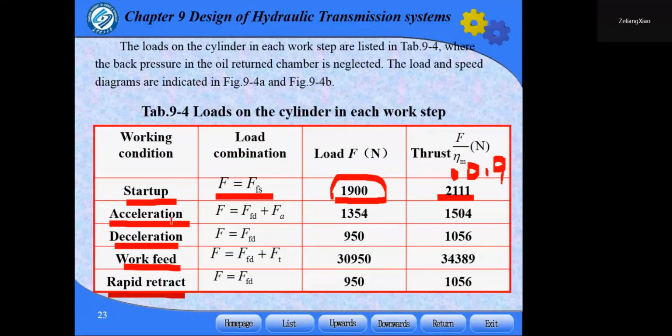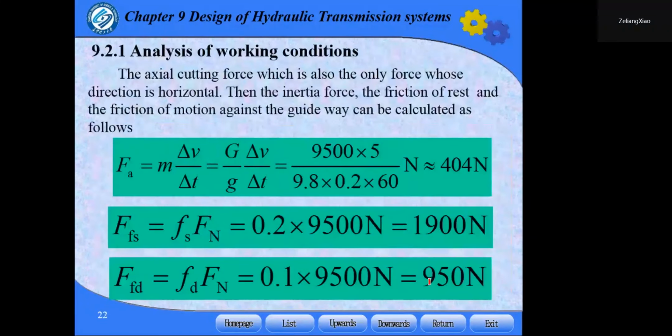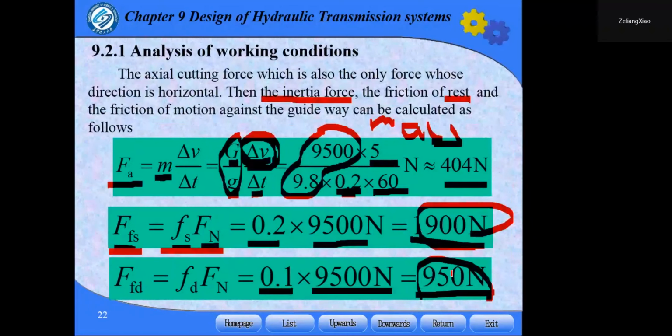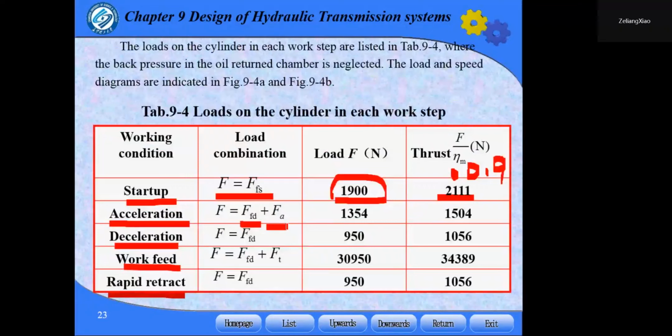In acceleration, the frictional resistance is converted to the friction of motion, which is this one, 950 Newton, 900, and this is the initial force.